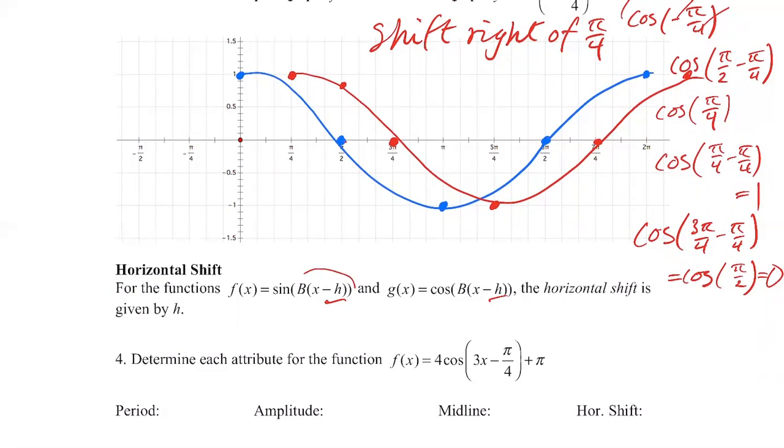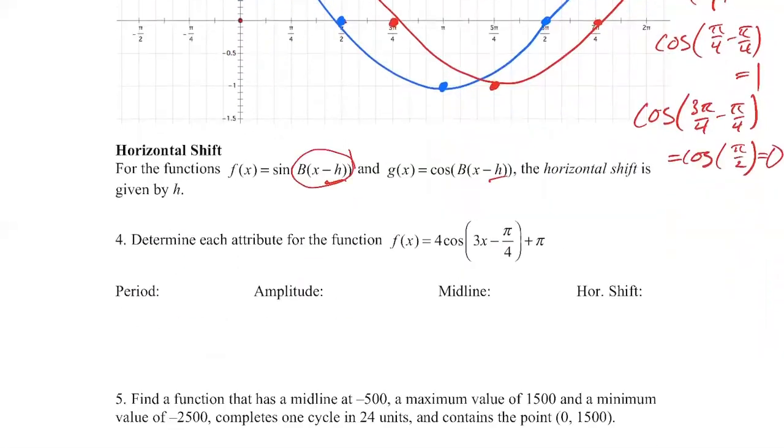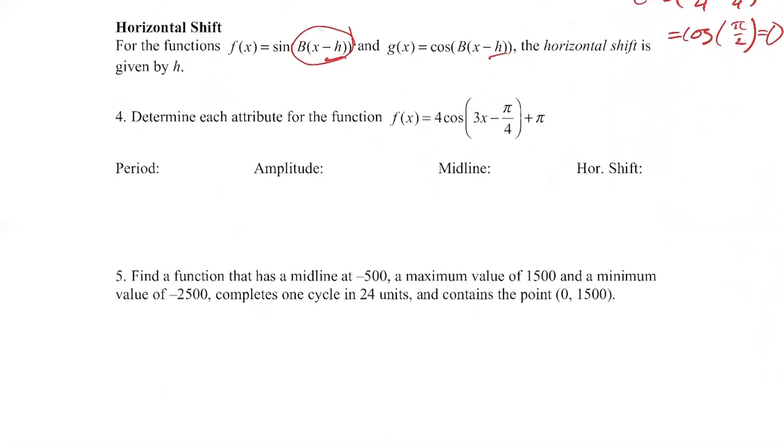This formulation with parentheses is very important. Okay. Determine each attribute for the function cosine of 3 times x minus pi over 4 plus pi. And we're asked for the period, the amplitude, the midline, and the horizontal shift. Well, let's start with the easy ones. We know that the amplitude is going to be 4.